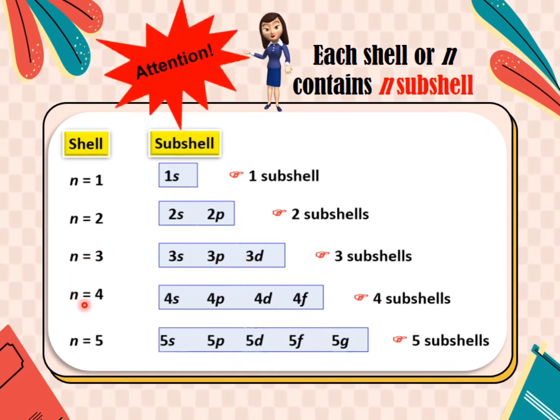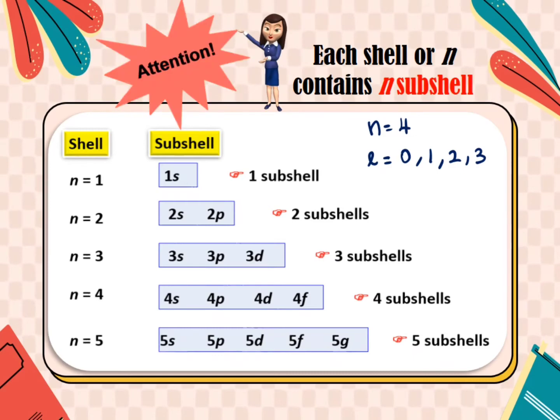Okay, how about if you have n equal to 4? Kenapa kita boleh dapat 4 subshell? Okay, I'll show you again. If n equal to 4, l kita boleh dapat 0, 1, 2, and 3. Nombor sebelum 4 apa dia? Kita ada 0 until number 3.